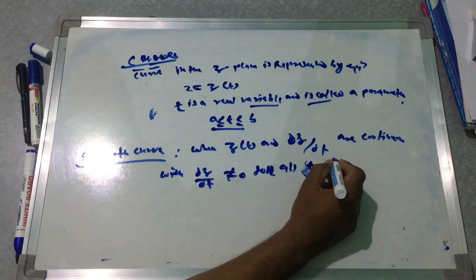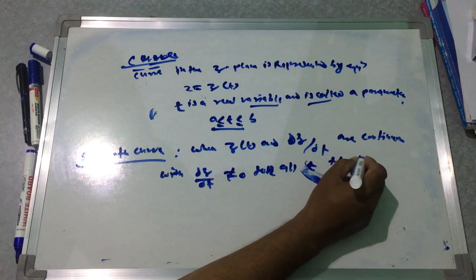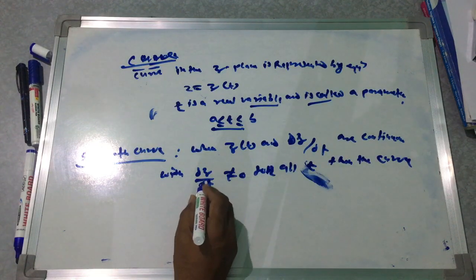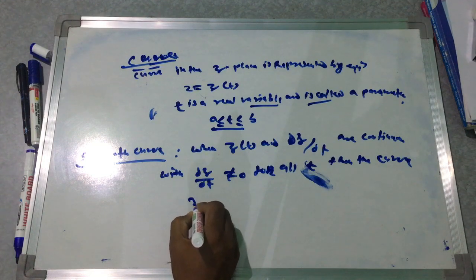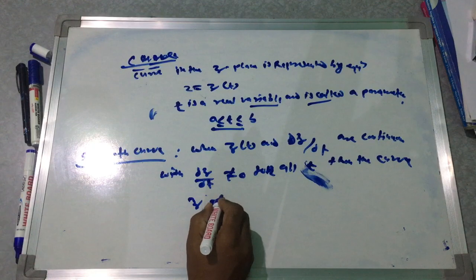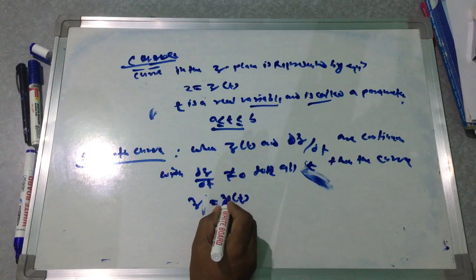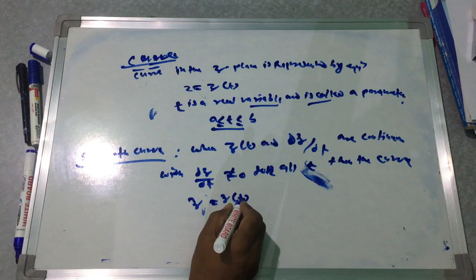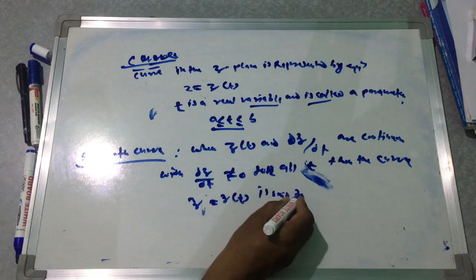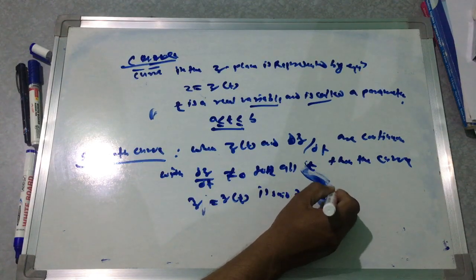Then the curve z is equal to z of t is said to be smooth.